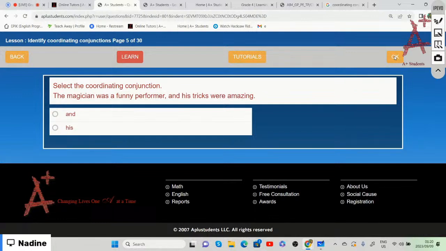Is it and, which is in addition, or his, which is his? All right, and we are going to choose and, because and is that word that links, that joins.